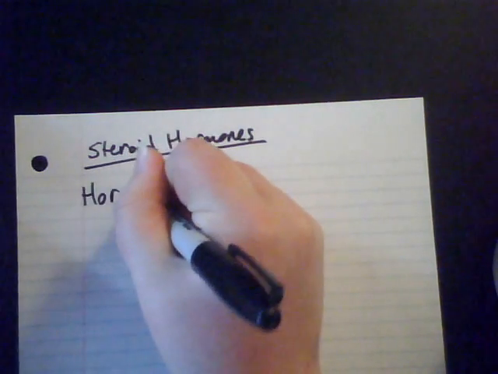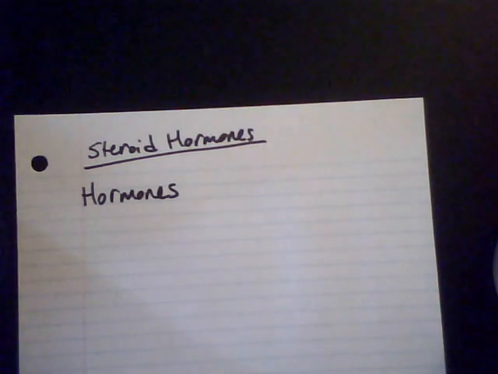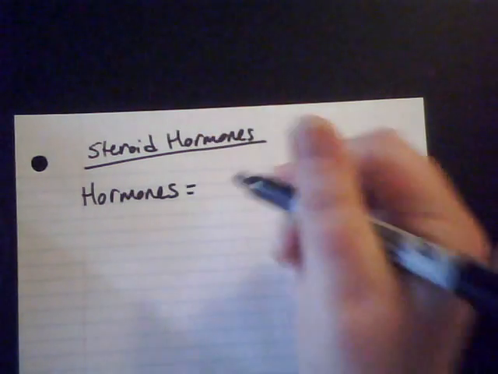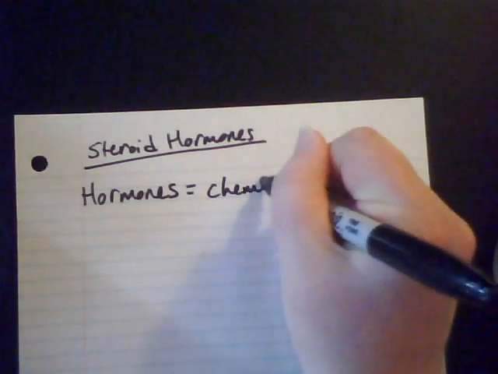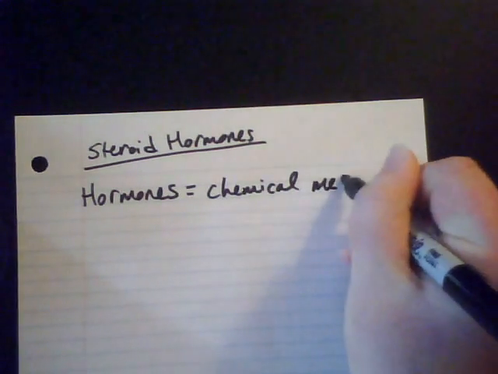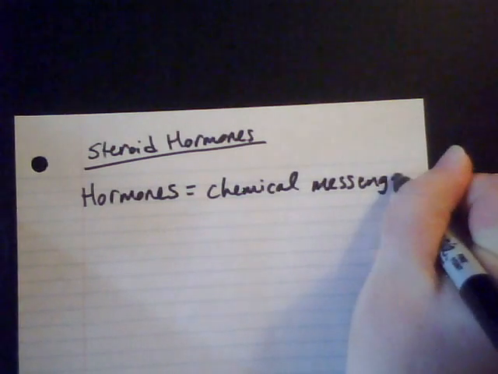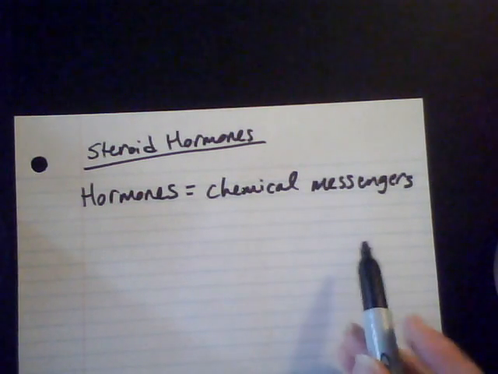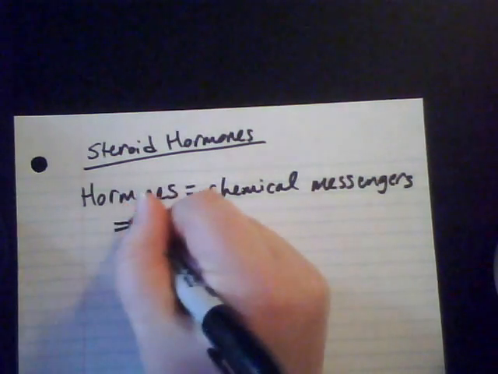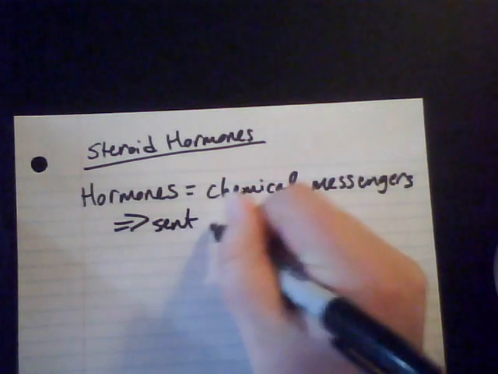We know what hormones are because we all went through puberty, so hormones were probably our enemy for a while. But in general, hormones are chemical messengers. So a messenger of some sort. And these messengers come from a specific gland. So they're sent from a specific gland.